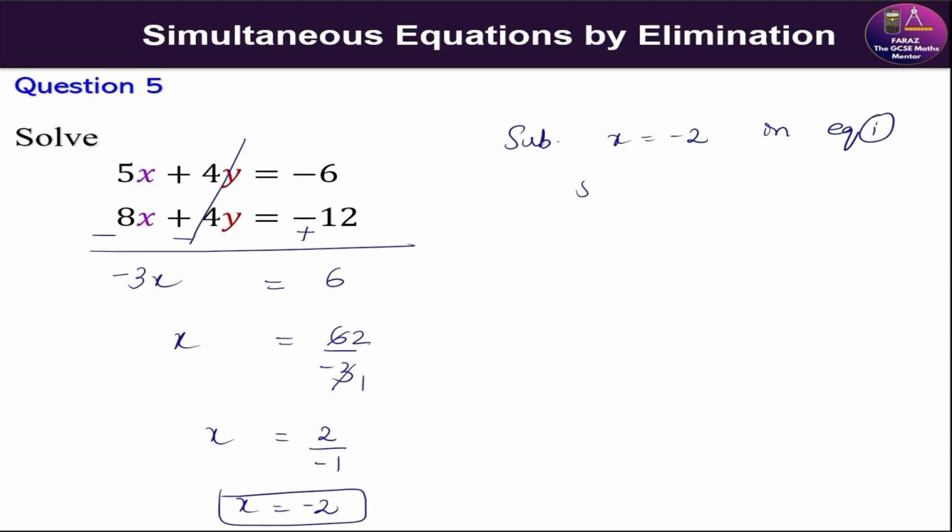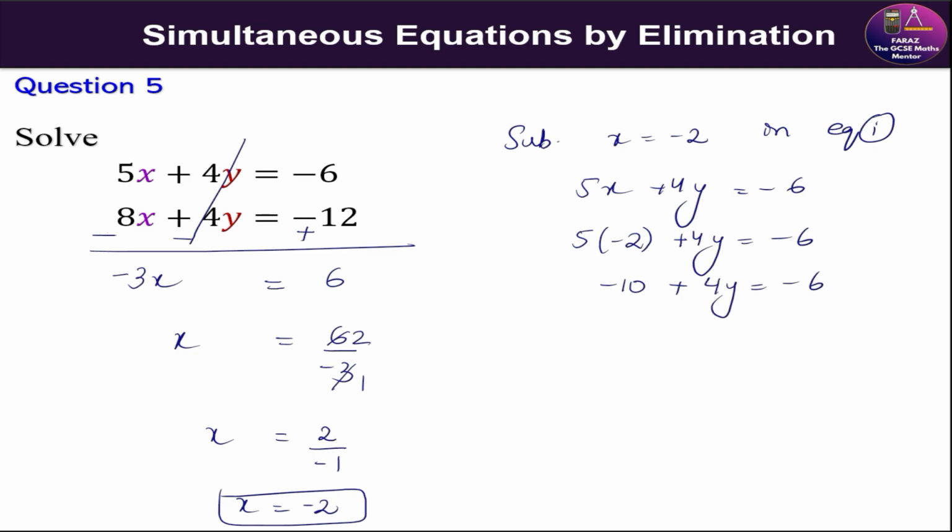So in equation 1, 5x plus 4y equals negative 6, and 5 times negative 2 plus 4 into y equals negative 6. 5 into negative 2 is negative 10 plus 4y equals negative 6, and therefore 4y equals negative 6 plus 10, and 4y equals 4. Dividing by 4 on both sides, it will give you 4 over 4, which means y equals 1.